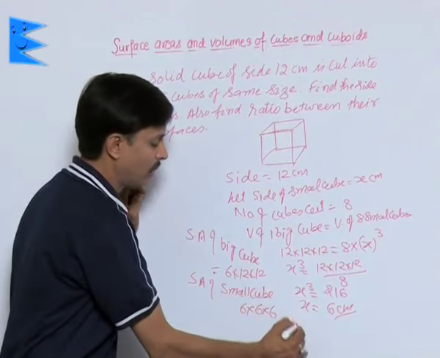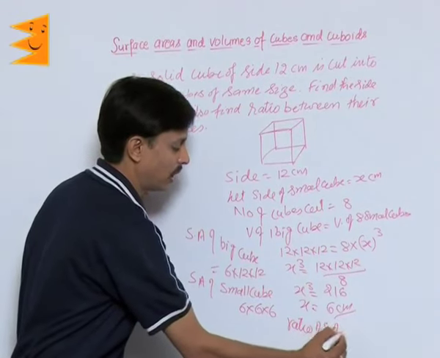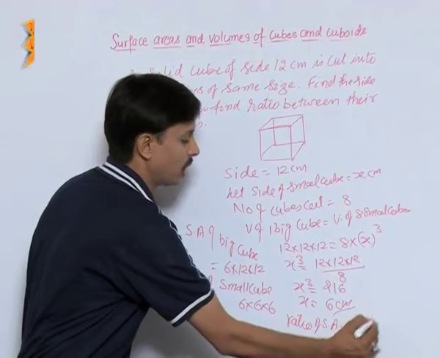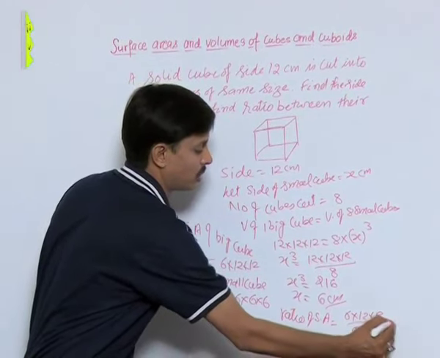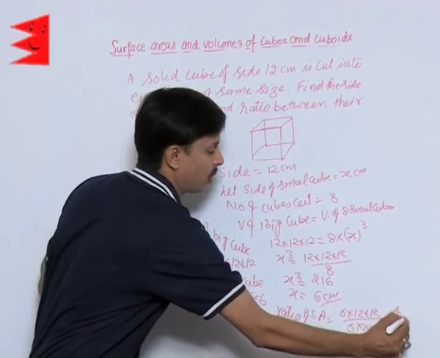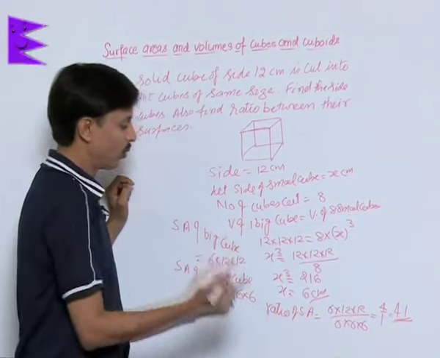So ratio of surface areas will be 6 into 12 into 12 upon 6 into 6 into 6, that is 4 upon 1, or we can say it is 4:1.